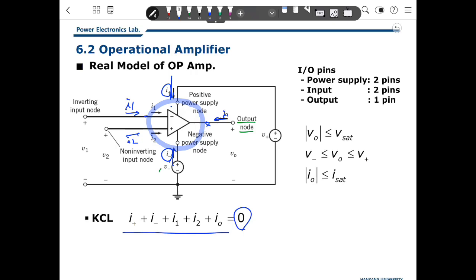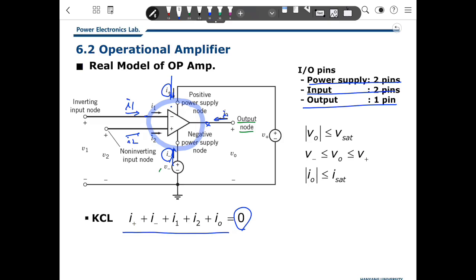Why? Because KCL applies to every electric circuit, whatever it is, because it is a law that governs electric circuits. So anyway, the op-amp has 5 pins: 2 power supply pins, 2 inputs and 1 output.